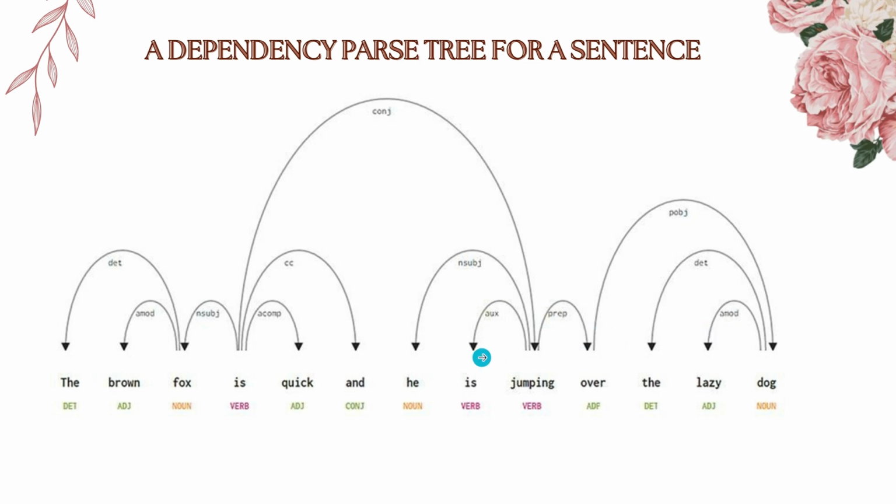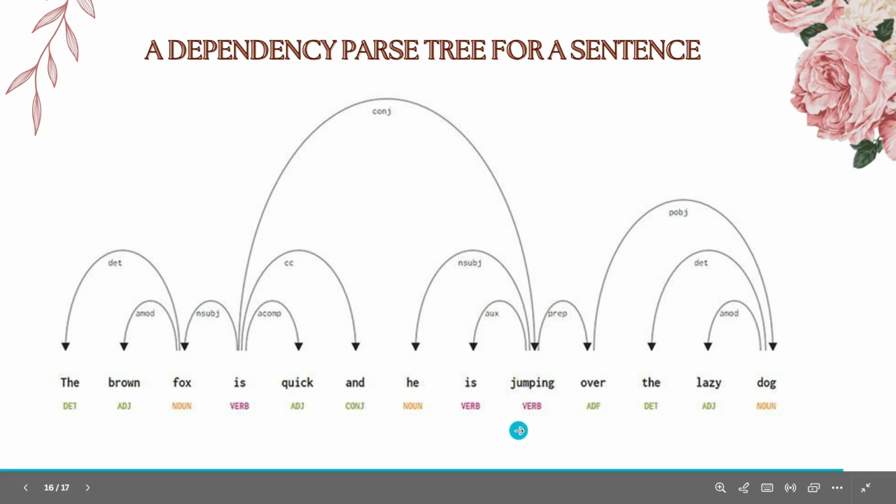The next dependency tag is NSUBJ, which stands for the entity that acts as a subject or agent in the clause. In this figure, is to fox, and jumping to he. These are the NSUBJ dependency relationships. The next one, the dependency CC and conjunction, has more to do with the linkage related to words connected by a coordinating conjunction.